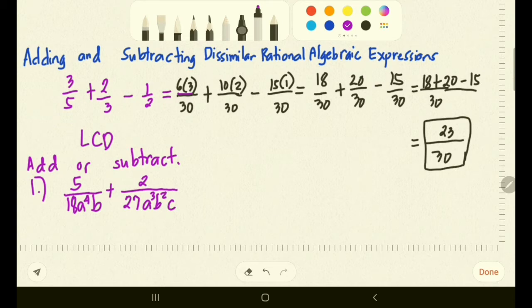As you can see here, these RAEs are dissimilar since they have different denominators. So what will you do here?